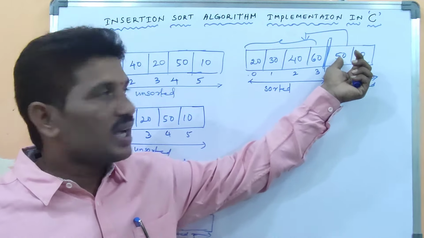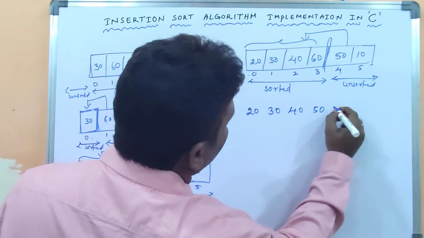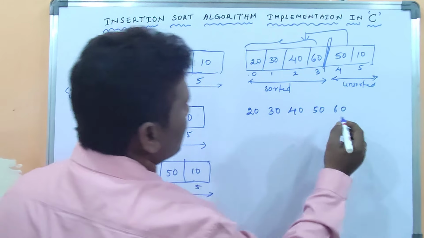It should be inserted at the 3rd position, after the 40, then only you can maintain the sequence order. Then here 20, 30, then 40, then 50, then 60.